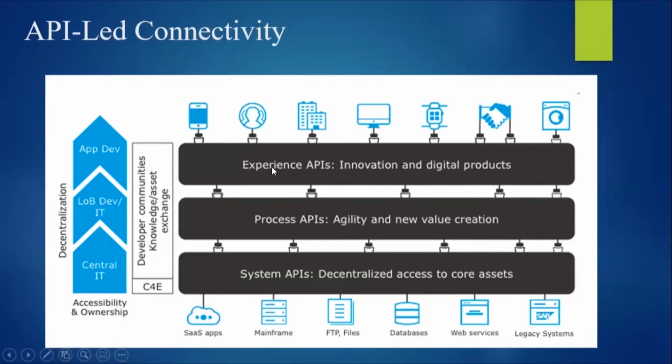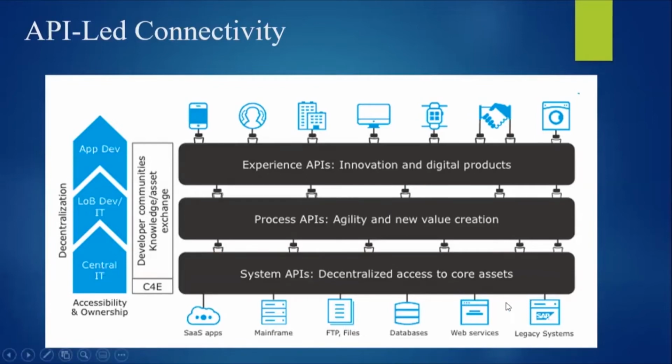This is the layer which typically interacts with the end customers or end systems, and gives them the data in whatever format they need, right? So the experience API, okay? Towards the left, if you see, there is something called accessibility and ownership. Who owns the system APIs layer? It's the central IT guys who own the system APIs, because we wouldn't be giving access to all the developers in the organization.